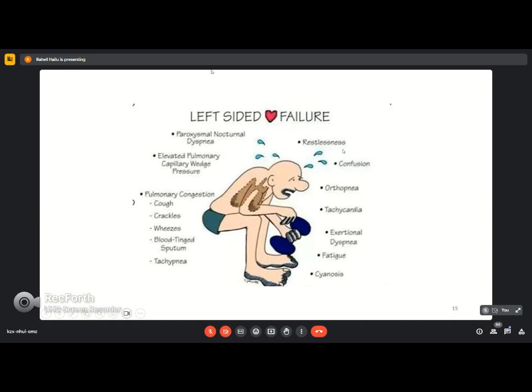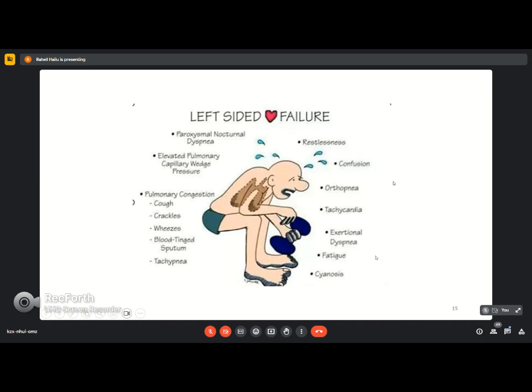That's one manifestation of pulmonary congestion or elevated pulmonary capillary pressure. Restlessness, mostly due to hypoxia, confusion, also hypoxia. They will have orthopnea, the shortness of breath that has a relationship with the position.